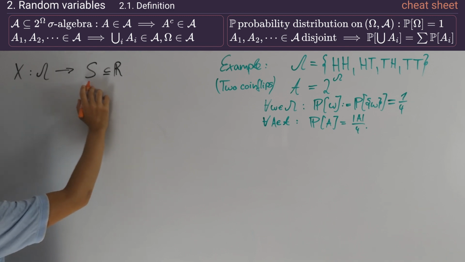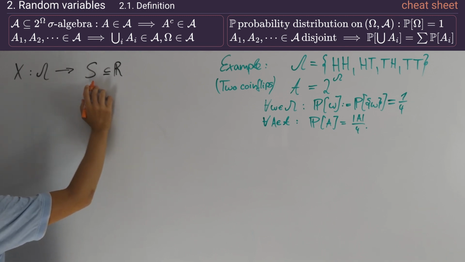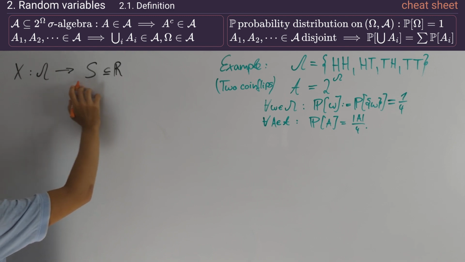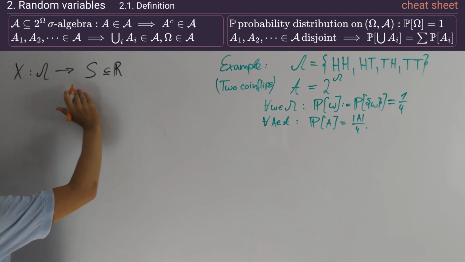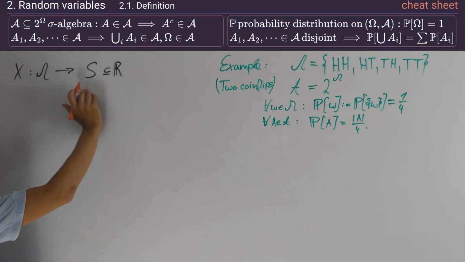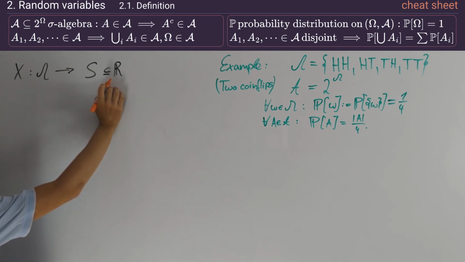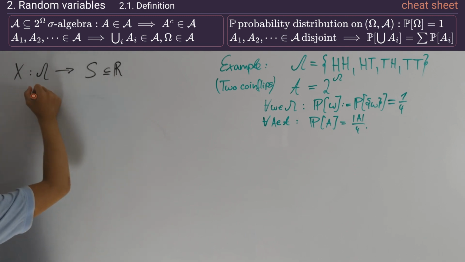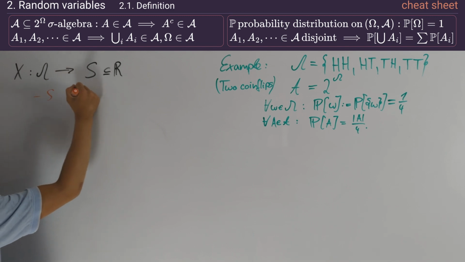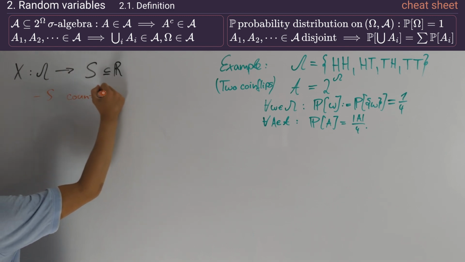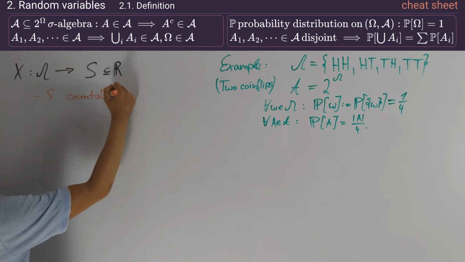If S is countably infinite, for example just the set of natural numbers, this is an easy task. However, if S were uncountable, for example the set of real numbers, this would be more difficult and we would need to replace our summation by an integration. Since this case is not really interesting for us right now, we are going to force S to be countable, in which case X is a discrete random variable.